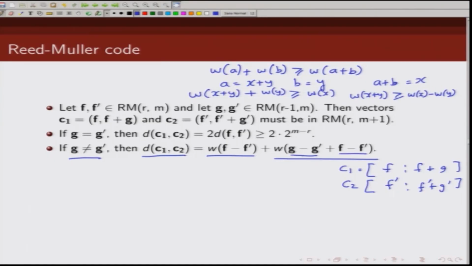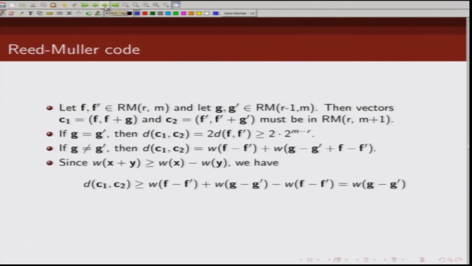So, I can write weight of x plus y to be greater than or equal to weight of x minus weight of y. So, when I do that, the minimum distance between C1 and C2 is this term coming here. What did I do?